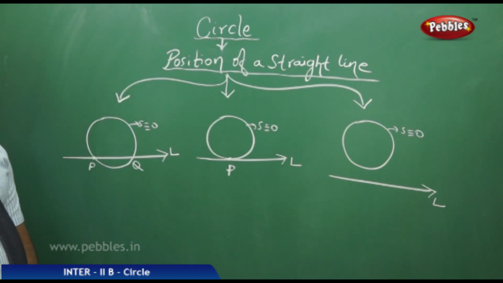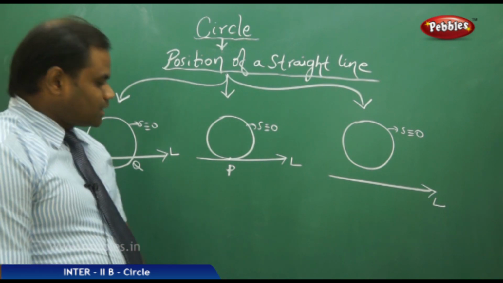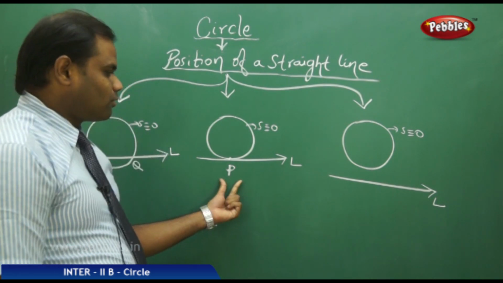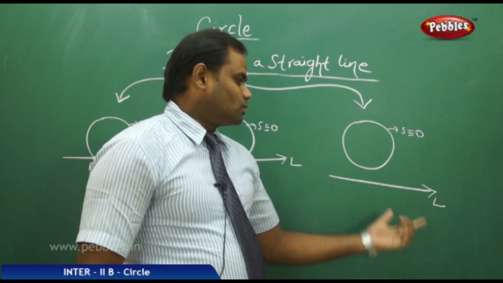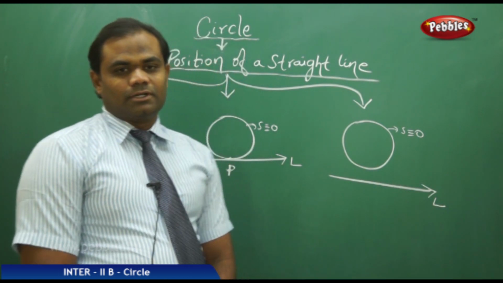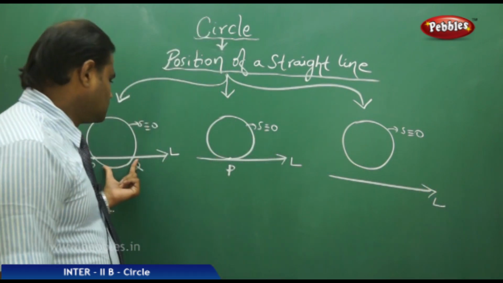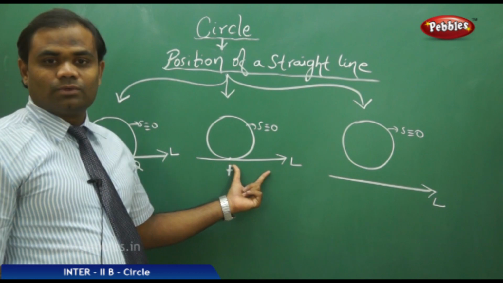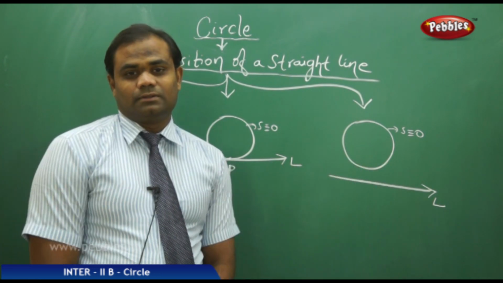When a line cuts the circle, it has 2 points of intersection. When a line touches the circle, it has 1 point of contact, and when a line does not cut the circle, there is no point of intersection. This is how we understand the three cases: case 1 cutting the circle, case 2 touching the circle, and case 3 not meeting the circle.